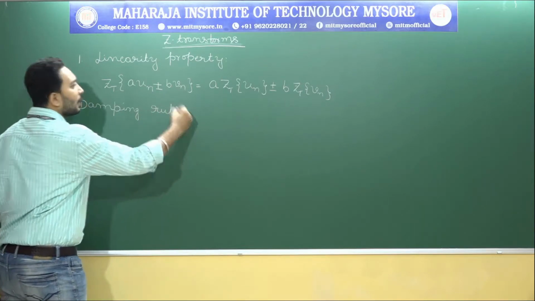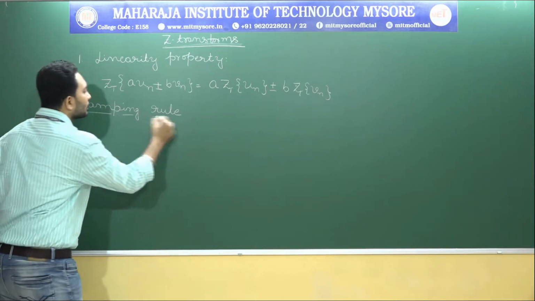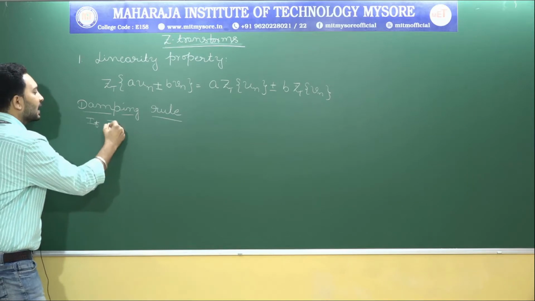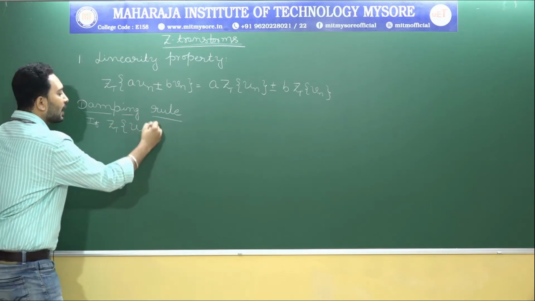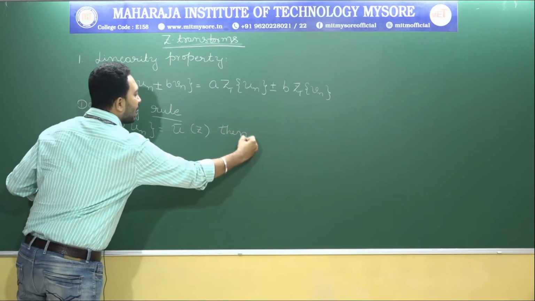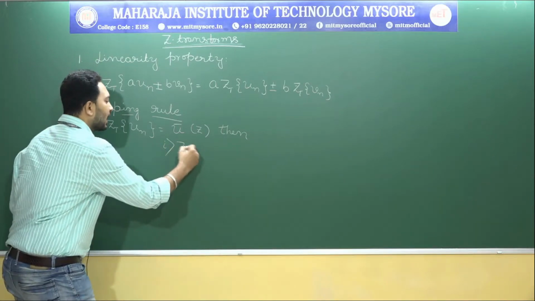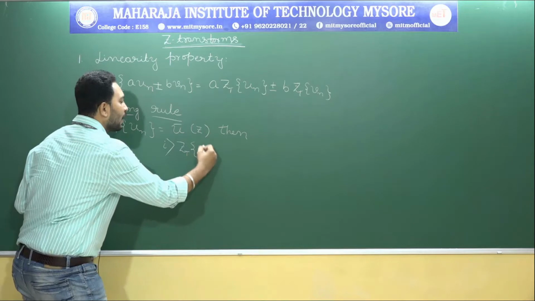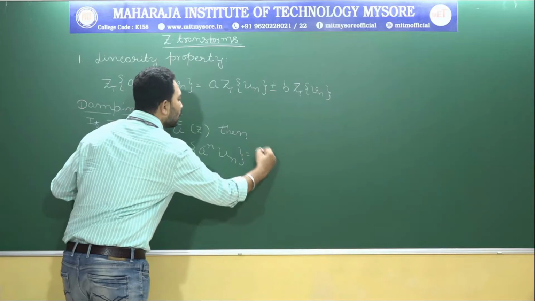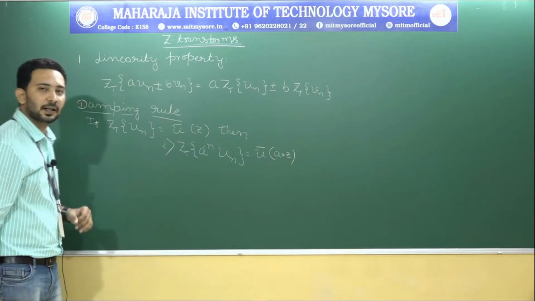damping rule. We have damping rule here. What is damping rule? If Z transformation of un equals u bar z, then Z transformation of a power minus n into un equals u bar into a into z or az.